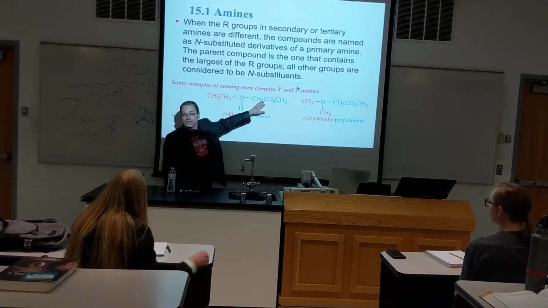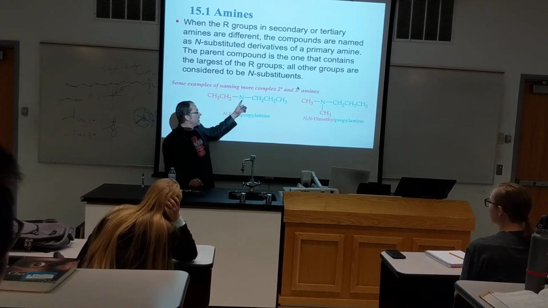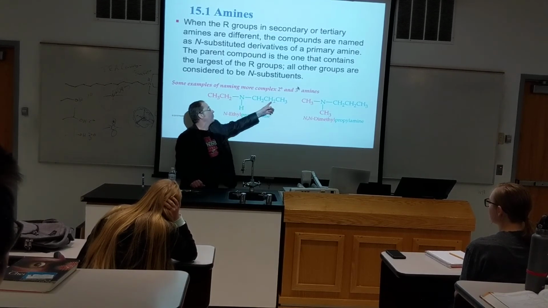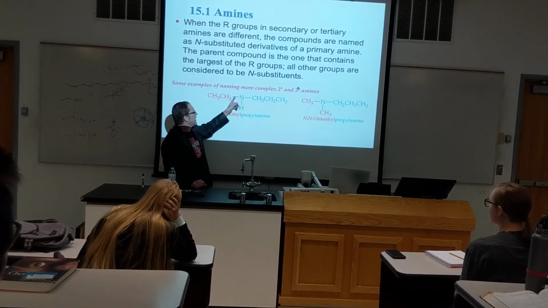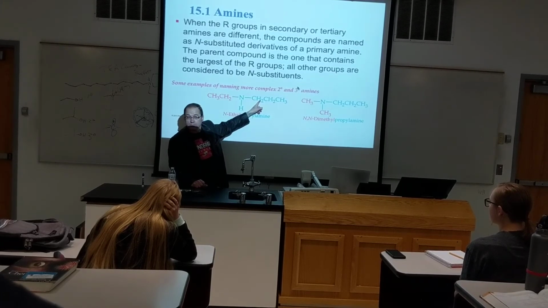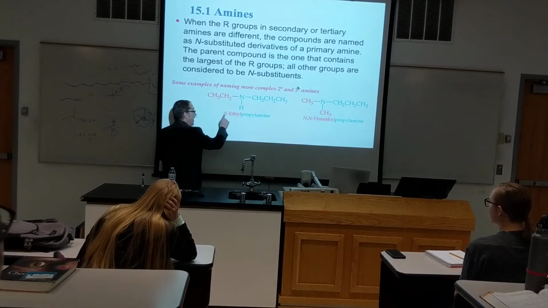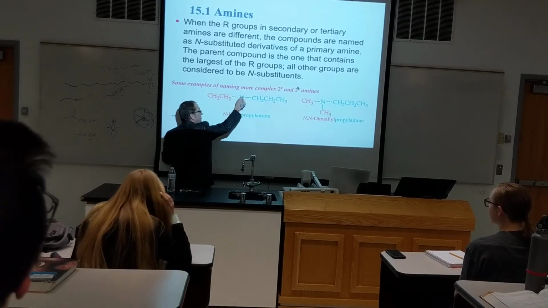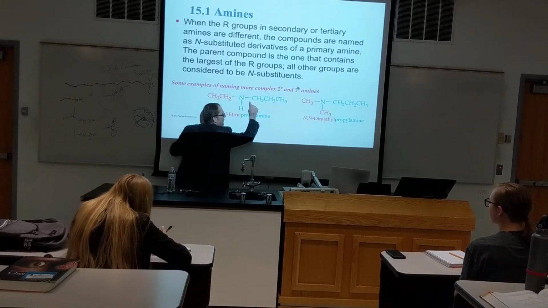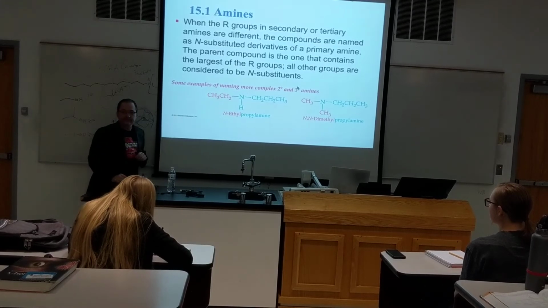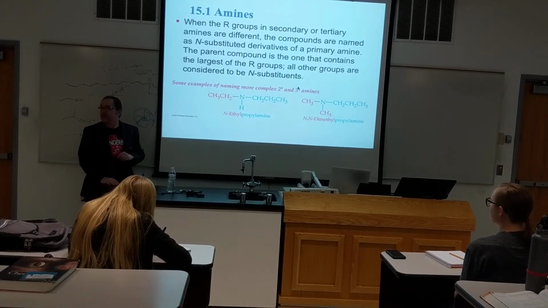This is the longer chain, right? We start at the end near that function group, so this is a propyl group. That means that this ethyl group is on the nitrogen, not on the propyl. So we have to say N-ethyl. The ethyl group is on the N, and the rest of it is the propylamine. Does that make sense? Yes?